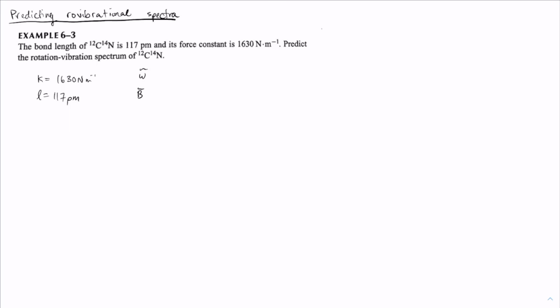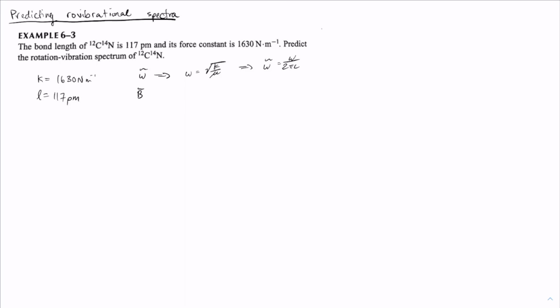So the first thing we can do is try to find omega. To get there, remember that omega itself, not omega tilde, is equal to the square root of K divided by mu. Given this, omega tilde is equal to omega divided by 2 pi c.